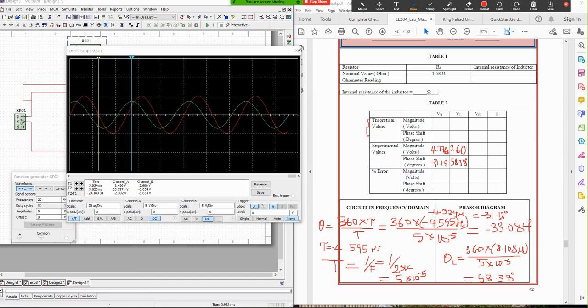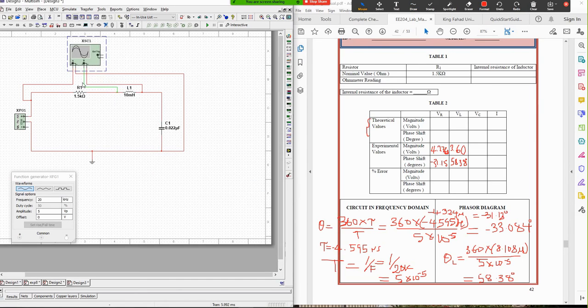For the capacitor, you have to remove this positive terminal and connect it here, and the negative terminal connect it here. Then you simulate your circuit. You find the time shift, calculate the phase shift and record it.